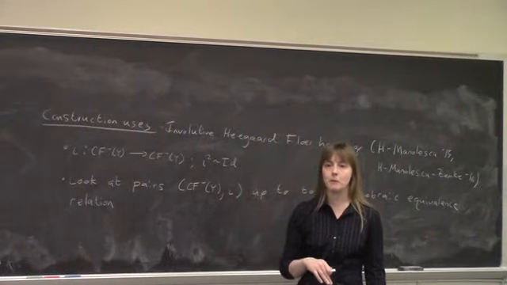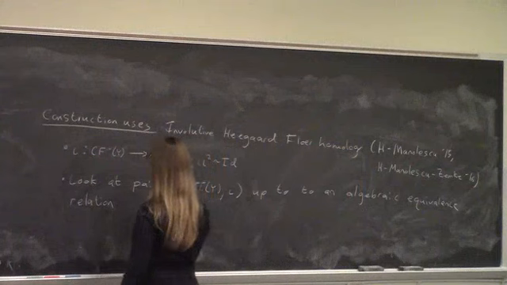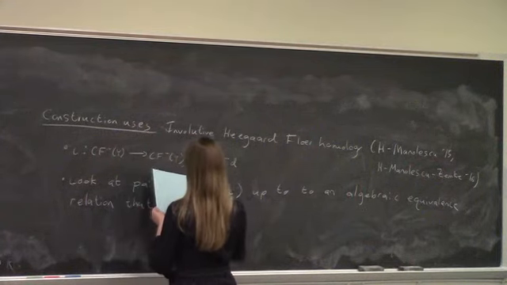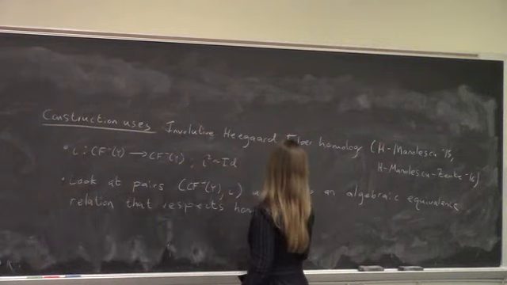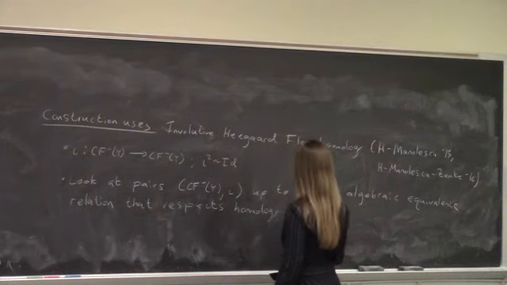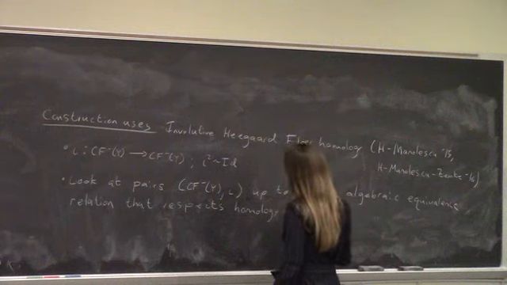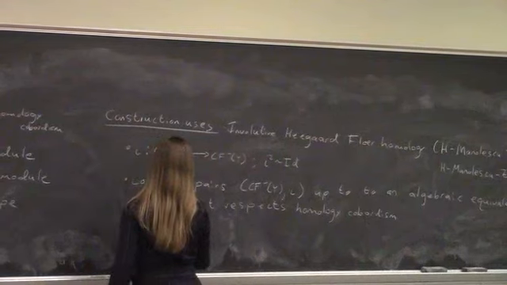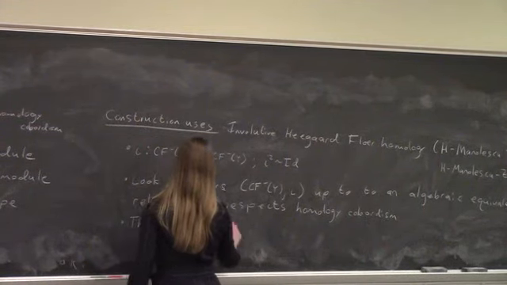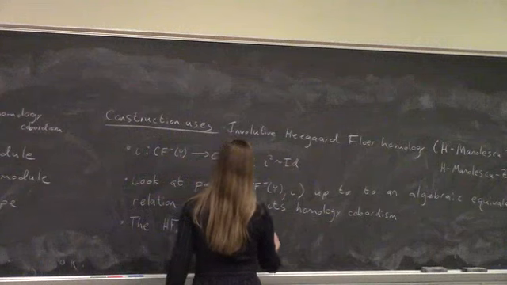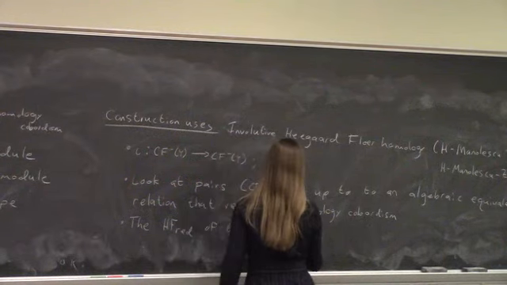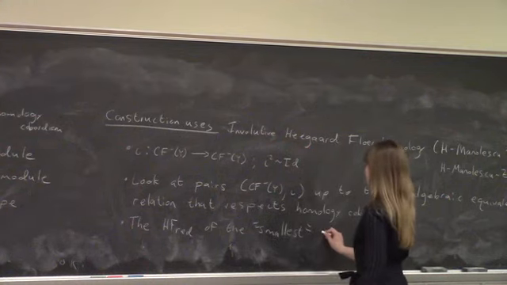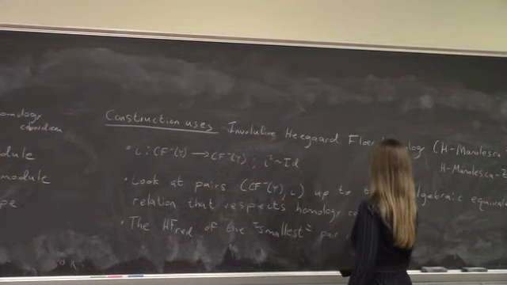It can't be, otherwise we wouldn't be preserved along homology cobordism. It's some weaker thing that respects homology cobordism. Okay, and then the HF red submodule of the smallest such pair, so the smallest thing in the set of equivalent complexes together with maps, is the invariant.